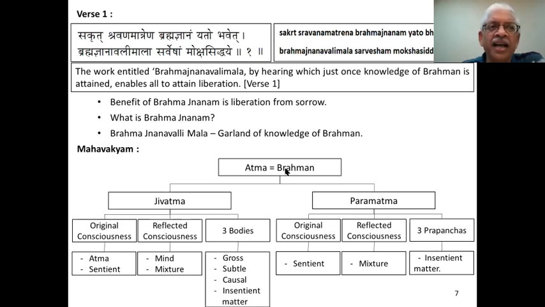Whatever that I is, when you say I internally in your own mind, that I vritti is a reflection of the Sakshi I. I repeat, the I thought, if you close your eyes and say I am mentally, it is a reflection.